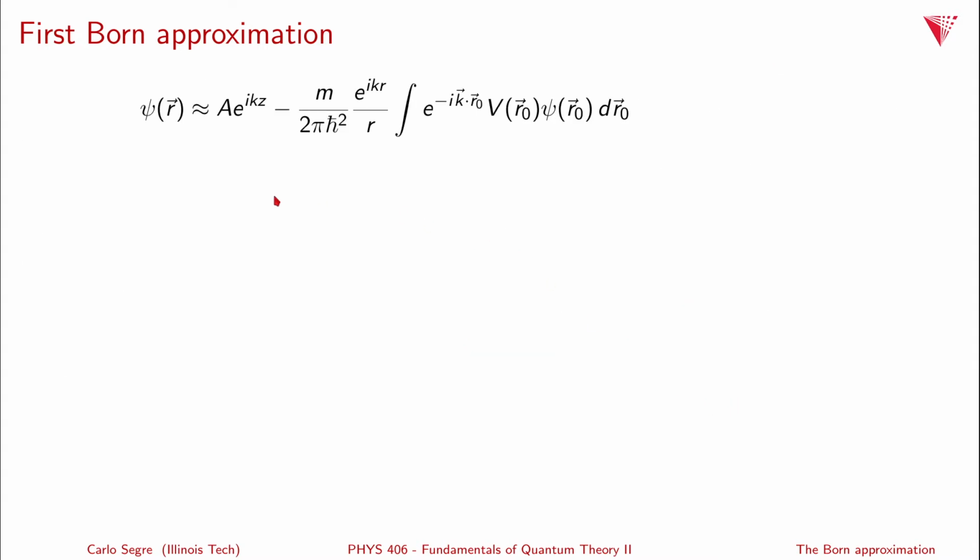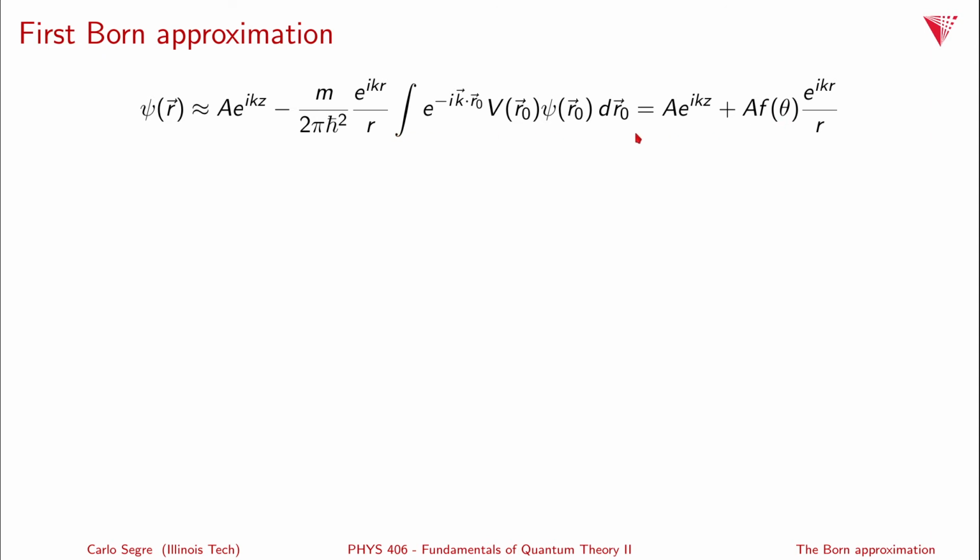So with that equation in mind, now we have to do a little bit of solution. We can look at this and pick out the different parts. We have the incident wave, which is A e to the i k z. Then we have the scattered wave, and this is just like the scattered wave we had before. We have a spherical wave in the radiation zone, very far away. We have a spherical wave times a normalization constant times the scattering factor f of theta.